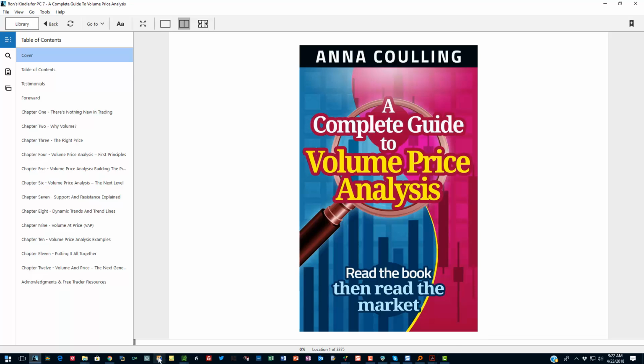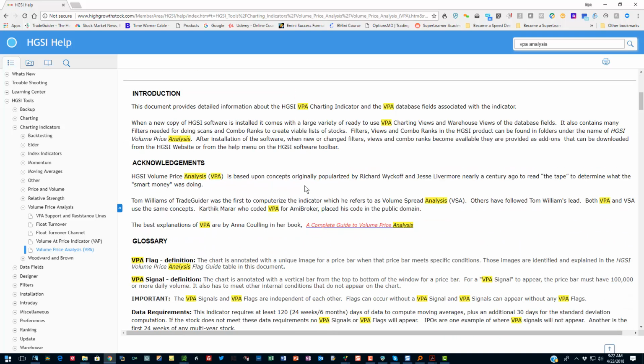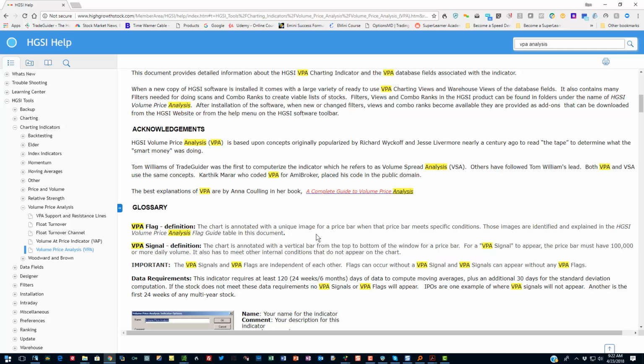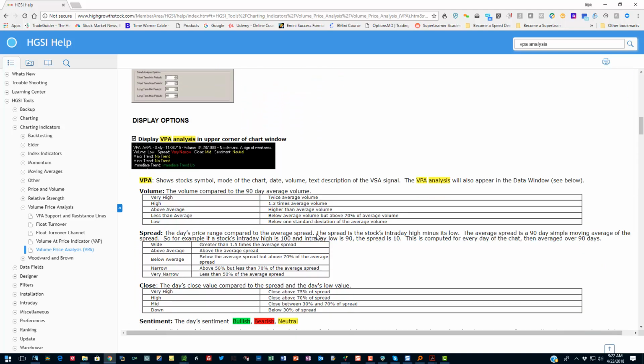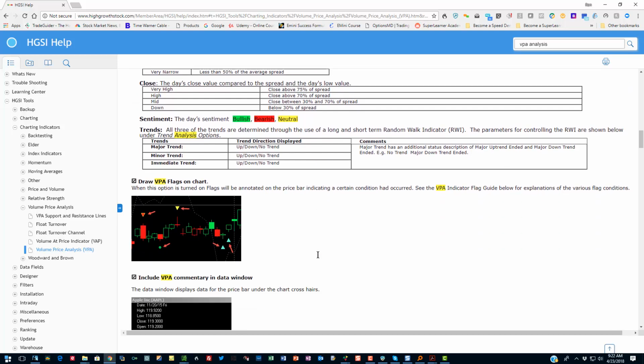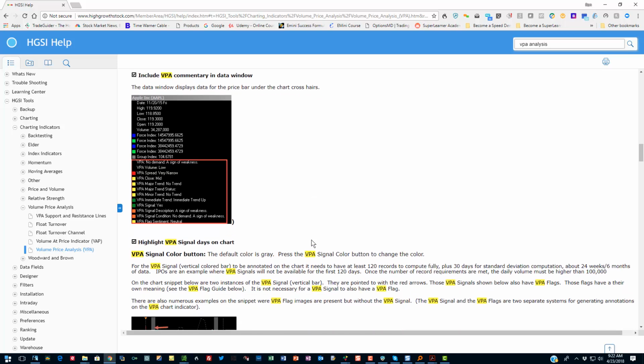Now, in the software itself, in the HGSI software, if you do a search for VPA analysis, you're going to find more information about how HGSI interprets and uses VPA. We use the terminology VPA, but like I said, there really is no difference in the concept.